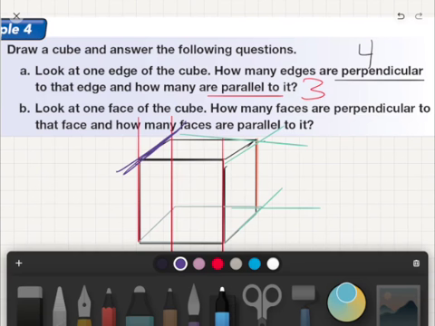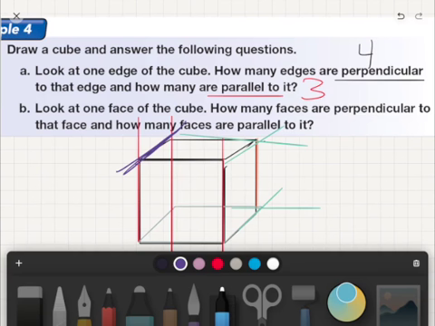Okay, so, well, I think it's kind of the same sort of thing. So this would be perpendicular to it. The one down here would be perpendicular to it.